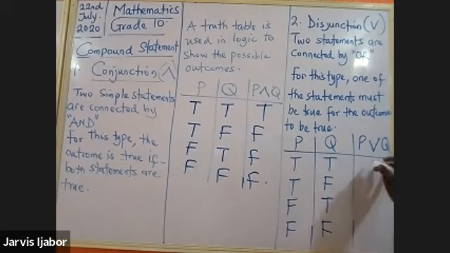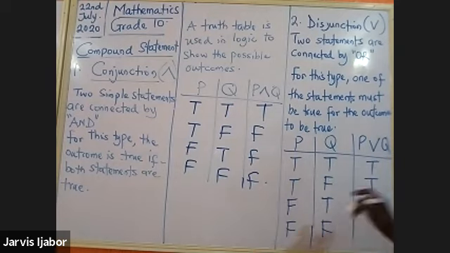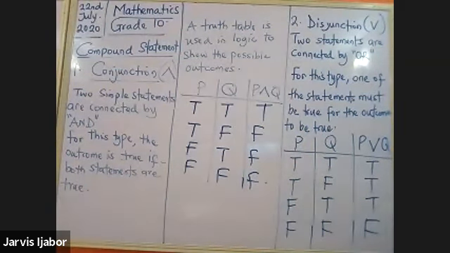If both of them are true, it will be true. If one is true, it will be true. If Q is true, it will be true. If both are false, the statement becomes false. So for disjunction, we expect at least one statement to be true for the outcome to be true.